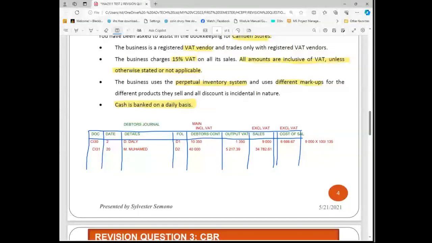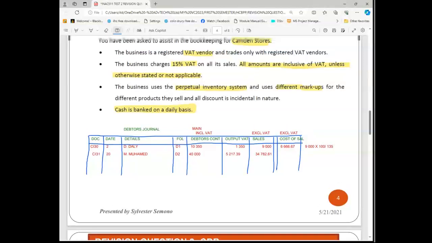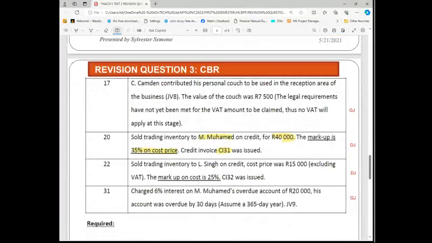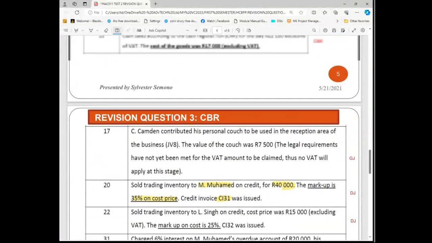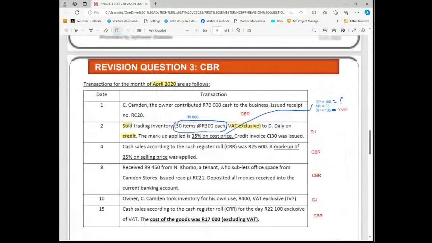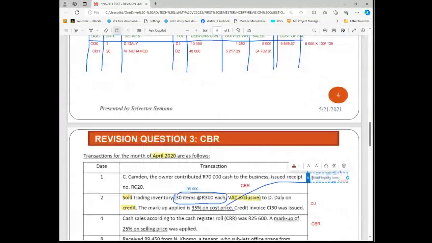Next step, we calculate cost of sales. So it was at 35%, I think, on cost. Okay, let's analyze it the same way here. So it is 35%.